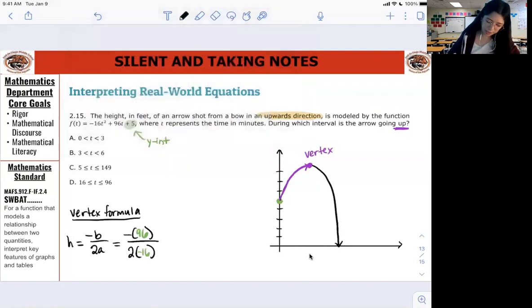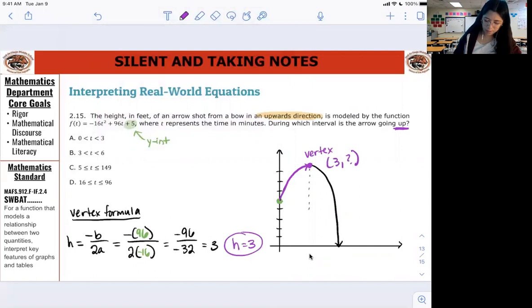And what is negative 96 divided by negative 32? You can use your calculator. It's 3. So h equals 3, which means the vertex is at 3 comma something. But the important part is that we know that this is 3. So from what time, from when to when is the arrow going up?